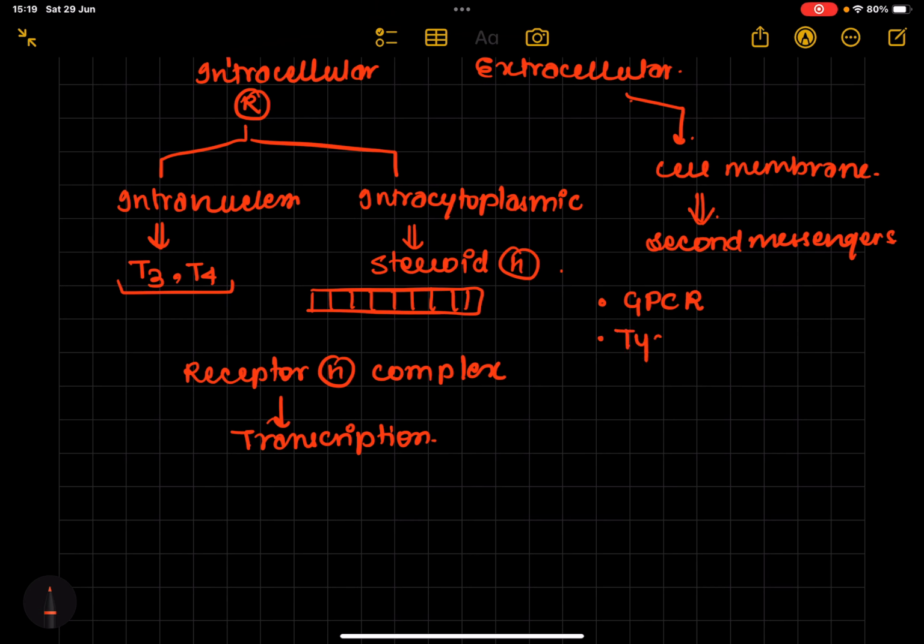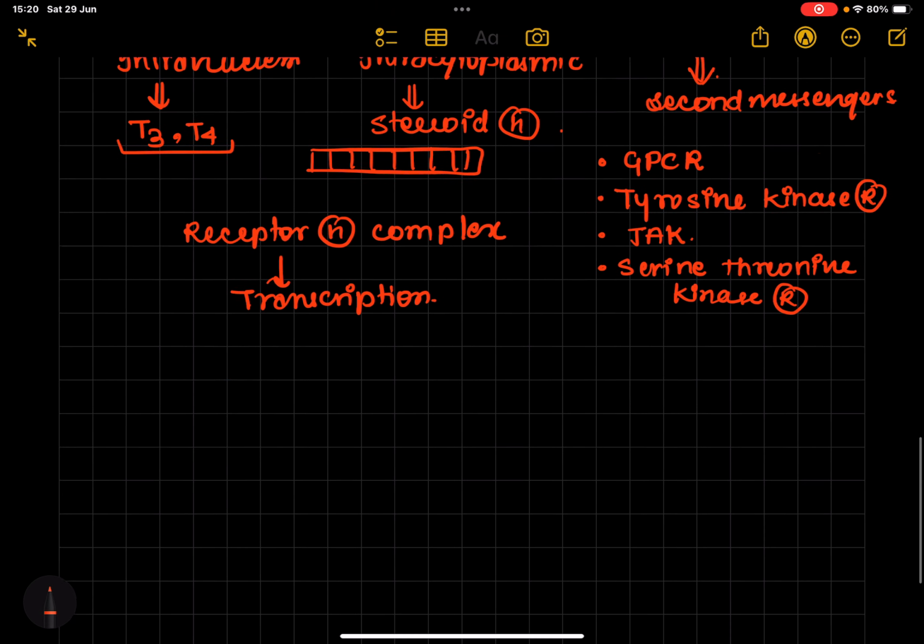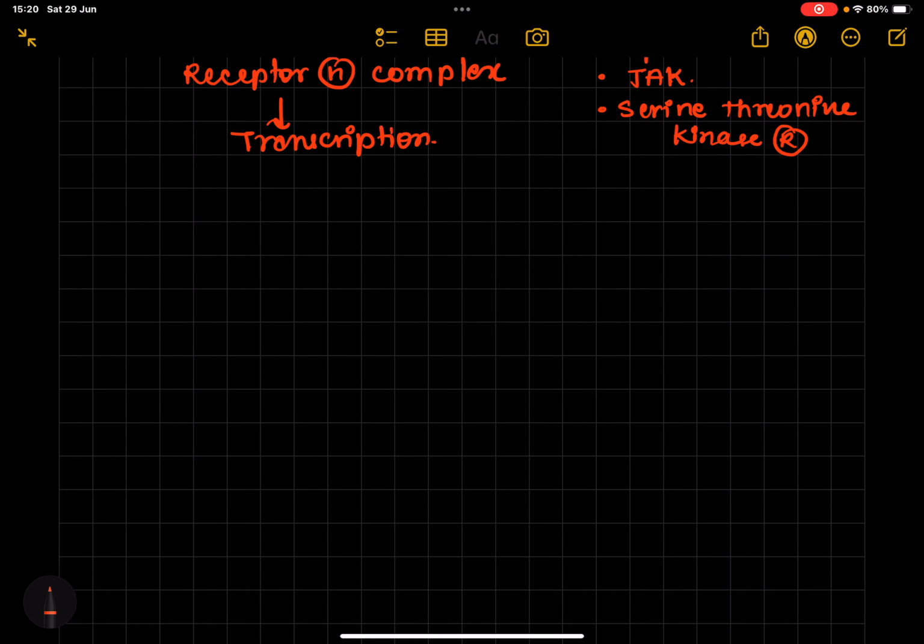Next is tyrosine kinase receptor. Next is Janus kinase receptor. And next is serine threonine kinase receptor. We have to study GPCR in some detail.